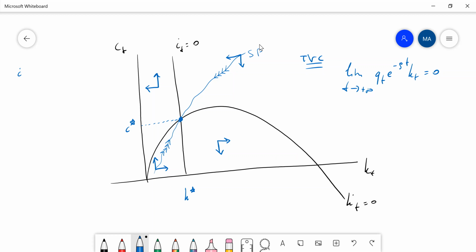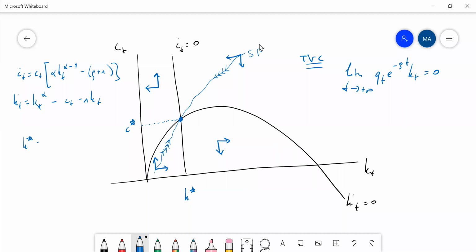If I put the system here once again, I have alpha k_t alpha minus 1 minus rho plus n, and k_t dot equals k_t alpha minus c_t minus n k_t. Obviously, in this steady state, we have positive capital stock.